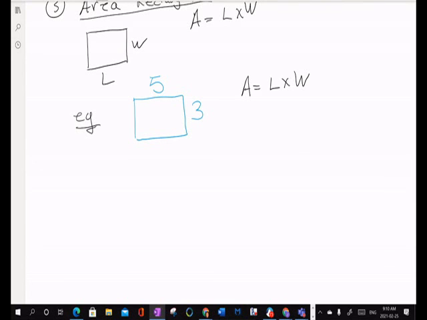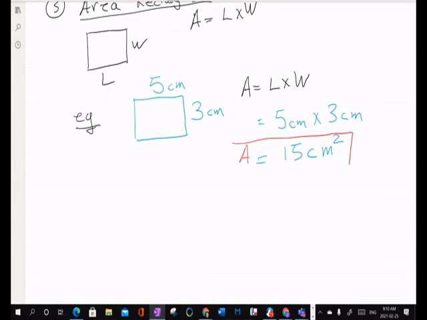Now imagine that this was centimeters. What we would do is we would say our length is 5 centimeters and our width was 3 centimeters. We multiply 3 and 5 to get 15, so we end up with 15 centimeters squared as our final answer. Okay, and you'll notice when we did these problems, there were 3 parts: the equation, the calculation, and then the final answer.